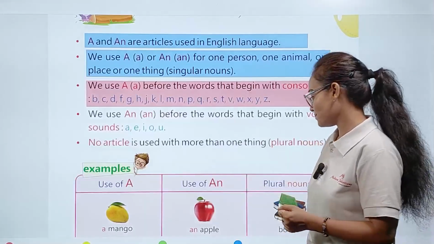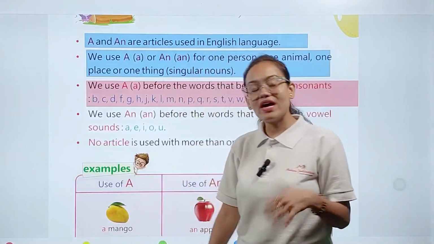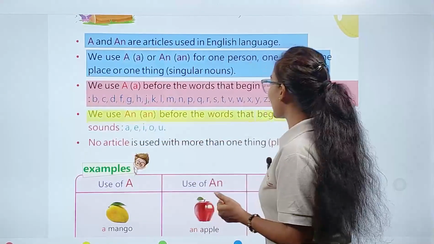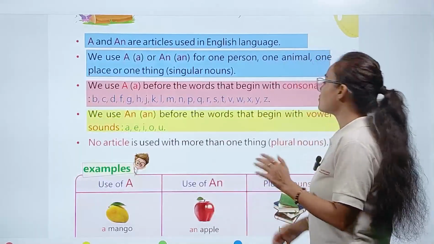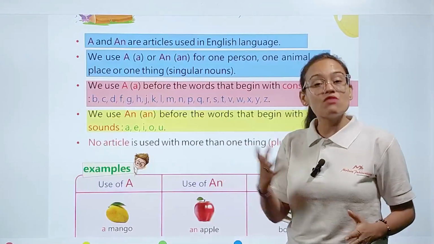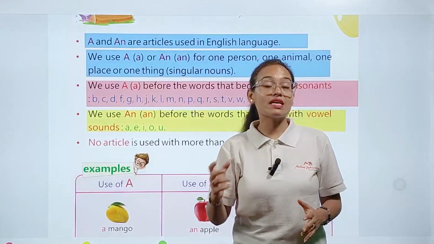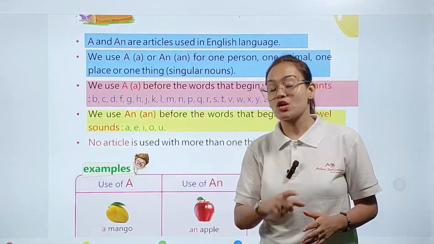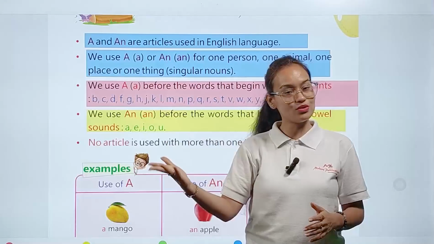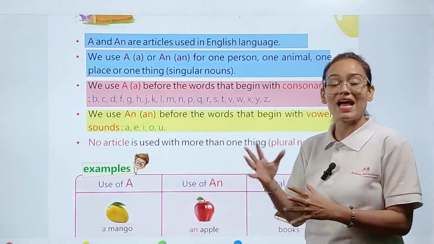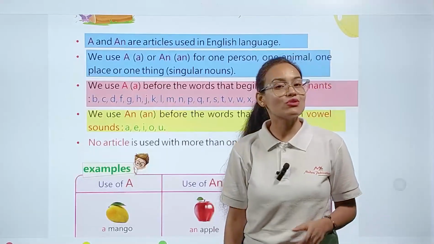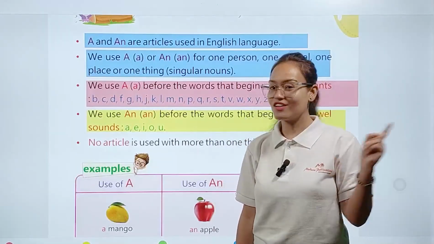Now see where we are going to use AN. We use AN before the words that begin with vowels. My dear students, whenever any word starts with a vowel, and vowels means 5 vowels, A, E, I, O, U, we are going to use AN. Remember?